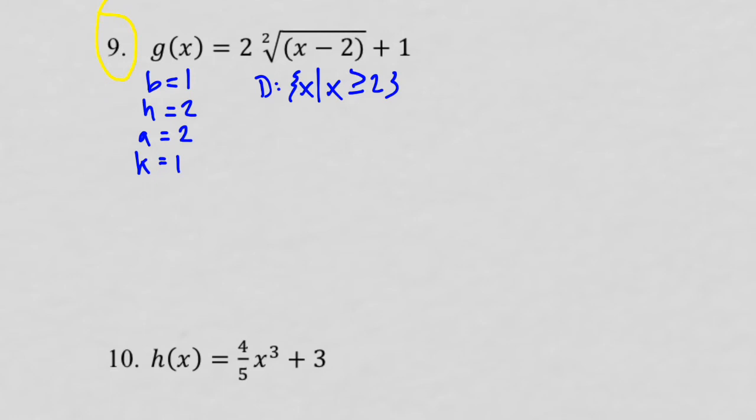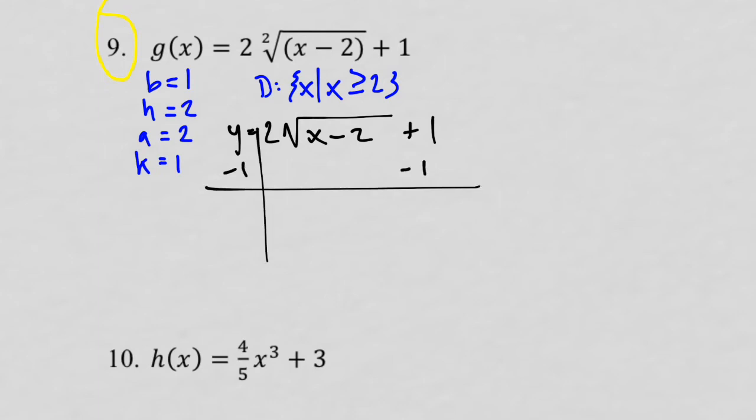Here we go. I'm going to write it as y equals 2 times the square root of x minus 2 plus 1. First thing I'm going to do is kick out the 1, so minus 1. So it's y minus 1 equals 2 times the square root of x minus 2. Next, I'm going to divide by 2 to get rid of this one.